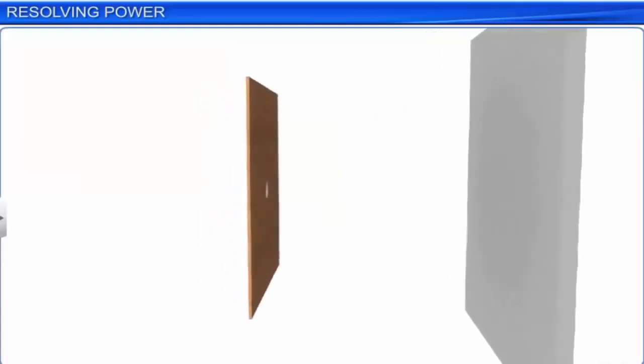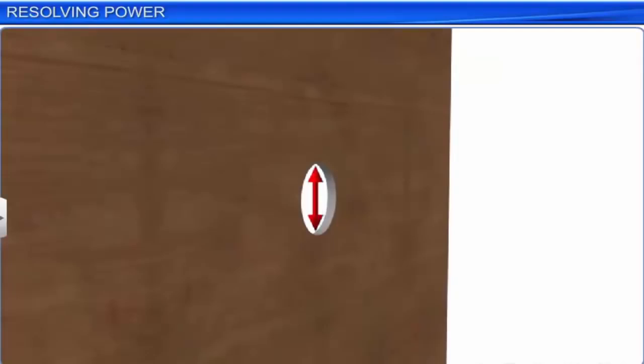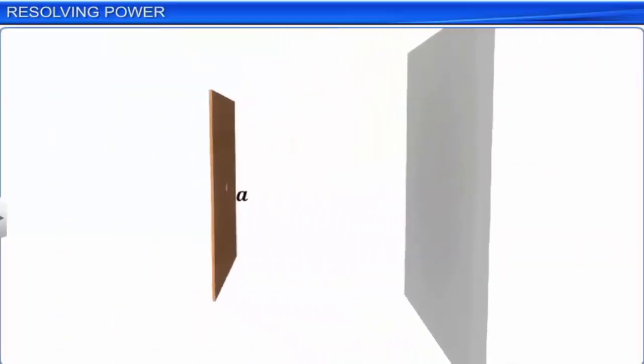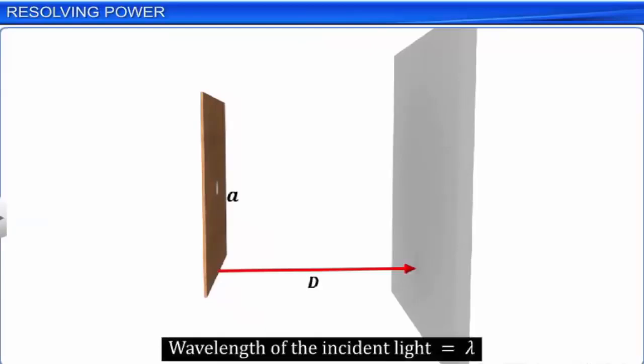Let us now describe the diffraction pattern mathematically. Let the diameter of the aperture be A, the distance between the aperture and the screen be D, and the wavelength of the incident light be lambda.